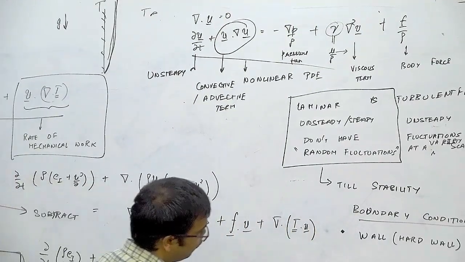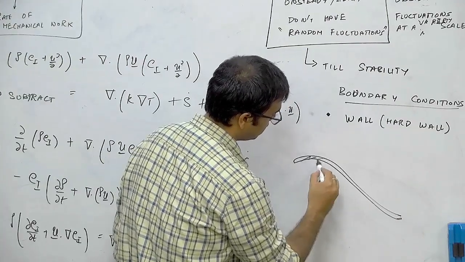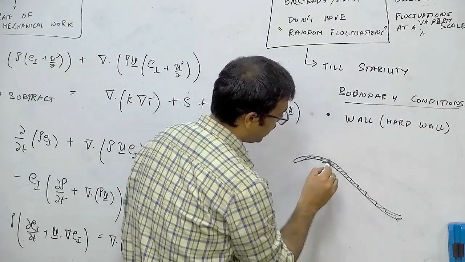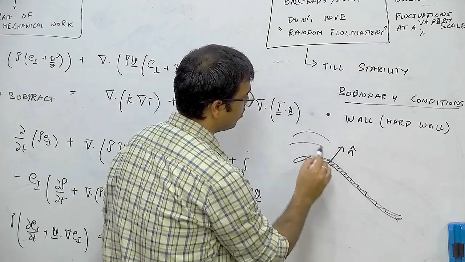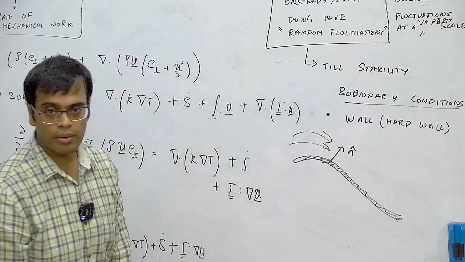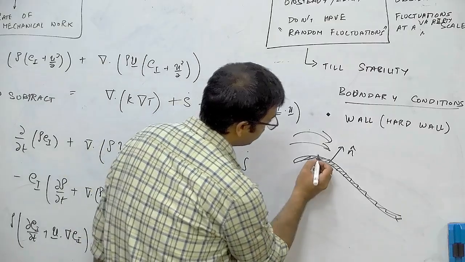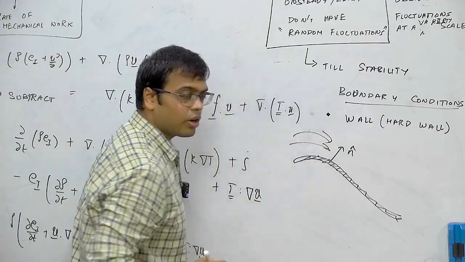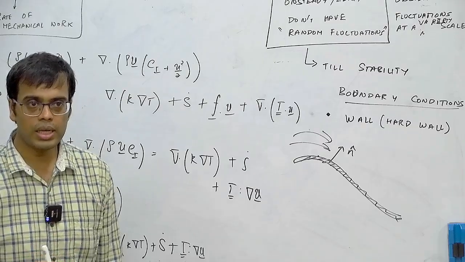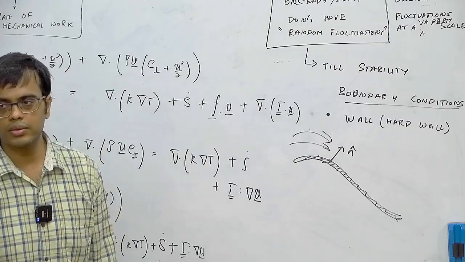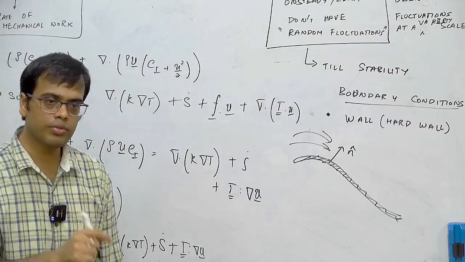Let us say you have a fluid flow taking place and there is a wall like this. Okay, the wall has some normal n, there is fluid flow happening here. Then a hard wall boundary condition basically says that the velocity of the fluid at the wall is equal to the velocity of the wall.